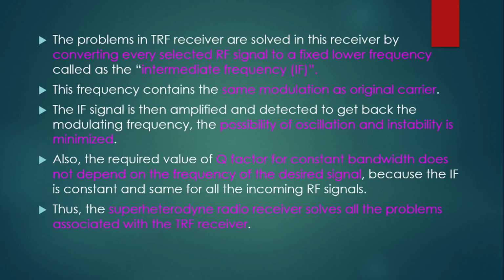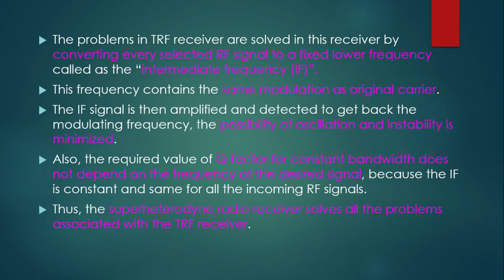Thus, super heterodyne radio receiver solves all the problems associated with TRF receiver, that is instability or possibility of oscillation and variation of Q factor. All these problems are solved by a simple solution, that is conversion of every incoming frequency into a lower frequency called intermediate frequency or simply IF.